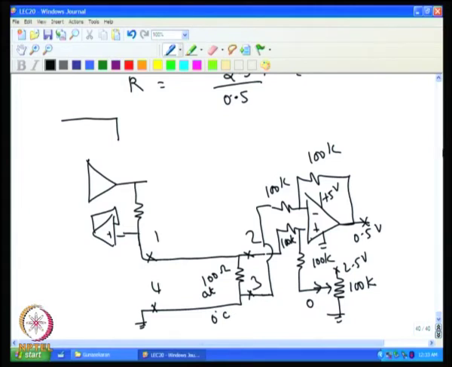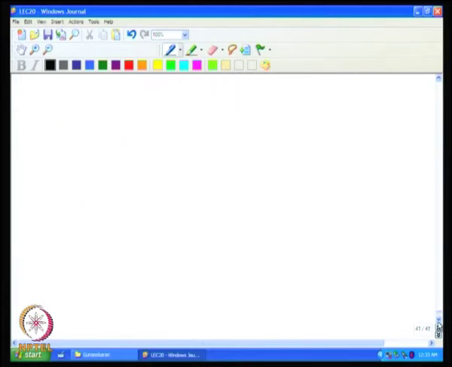So, the output voltage I will mark now: V difference I put it here, and this is V0. This can be used as a zero adjustment. So, the output of the op amp is given by V difference plus V0.